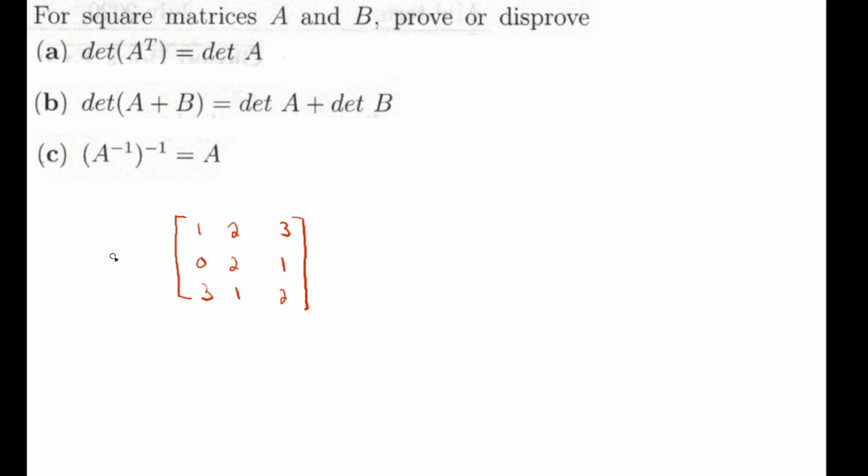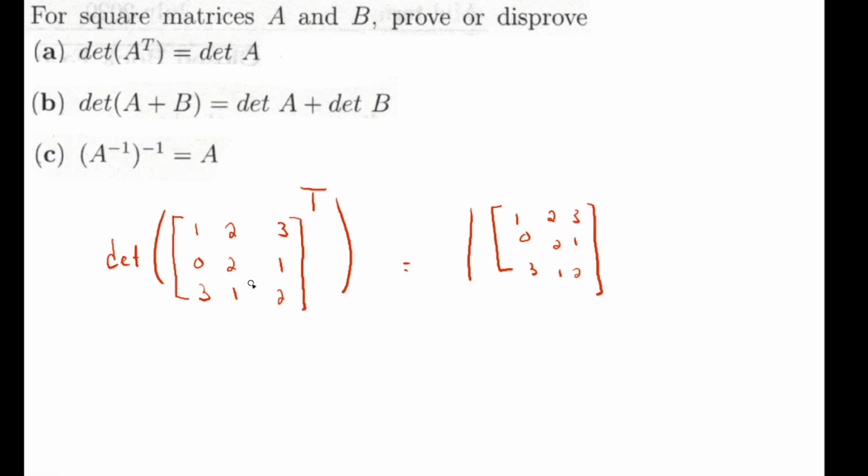So we're going to take the determinant of this matrix, the transpose of it, and we're going to see if it is equal to the determinant of the same matrix. So the first thing we're going to do is take the transpose of the matrix.